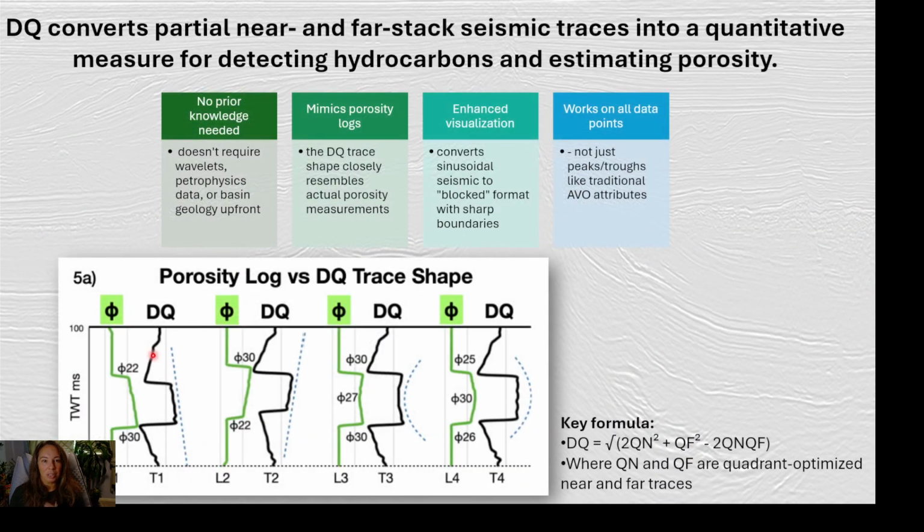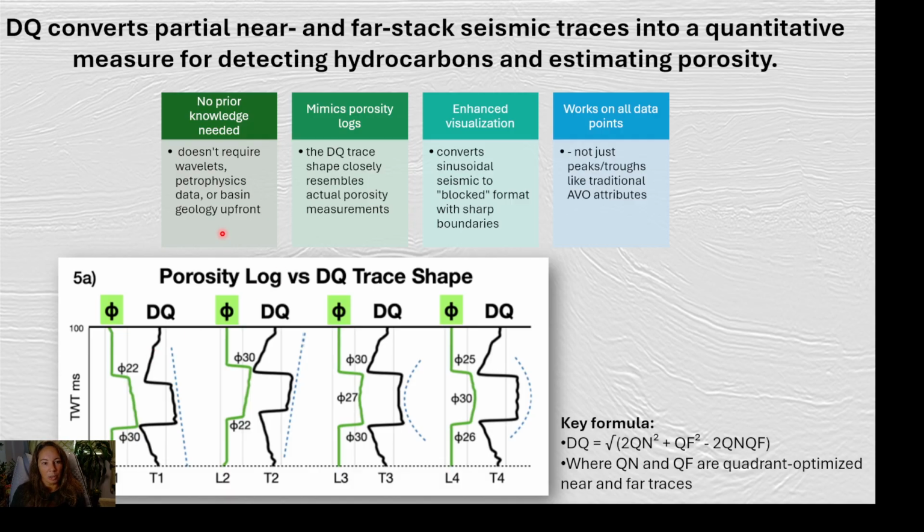All right, so just to talk a little bit more about DQ, since it is a newer attribute. What it does is it converts partial near and far stack seismic traces into more quantitative measures that we can use. So you don't need to have any prior knowledge, so you don't need to know about the wavelets, the petrophysics, or much about the basin geology up front.